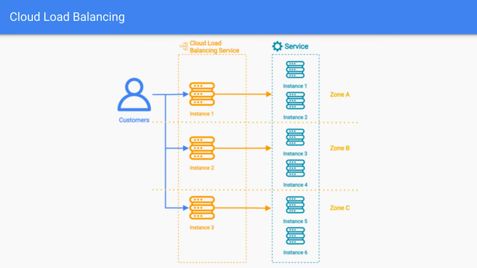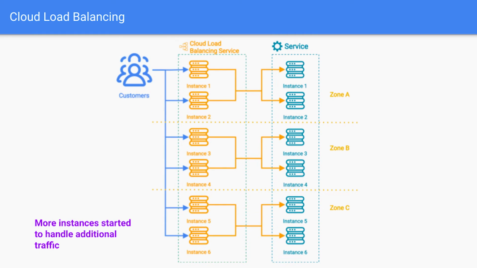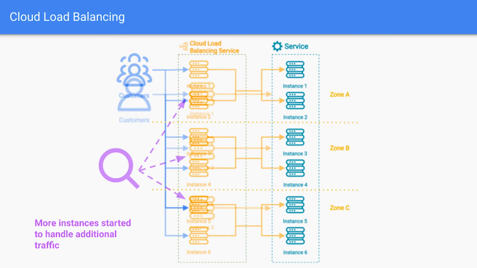However, if we deploy our service instances in different isolation zones, then the load balancing service may also run as multiple instances, one in each zone. And as the traffic to our system grows, that cloud load balancing service may scale itself up and run as a group of load balancer instances.